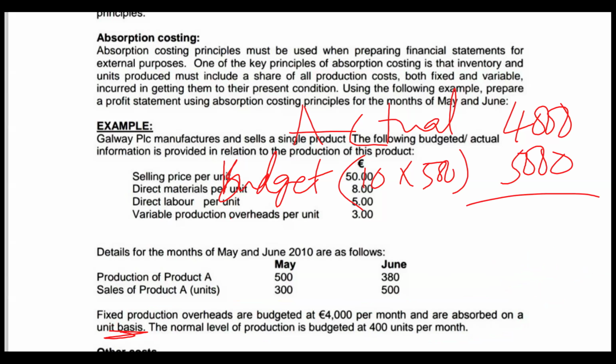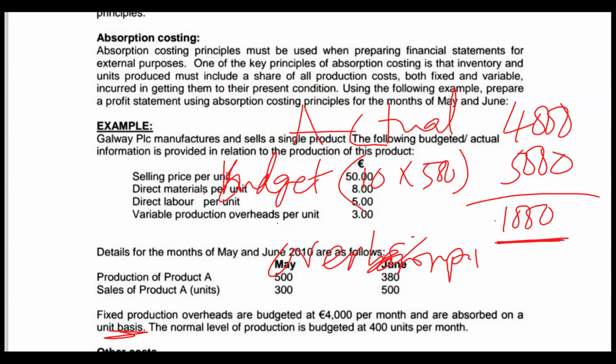A difference of 1,000. It's positive even, because it's basically the difference between the absorbed and the budgeted one, which is going to be positive 1,000. In this case, listen carefully, this is going to be called the over absorption.